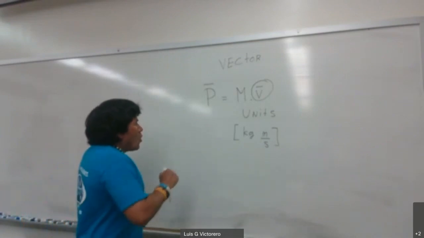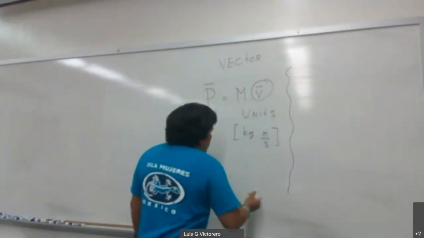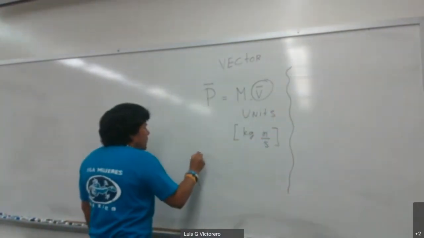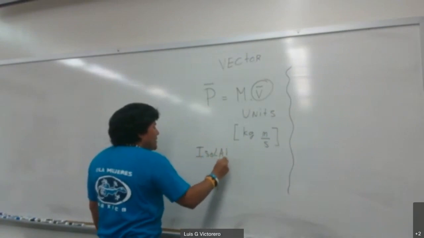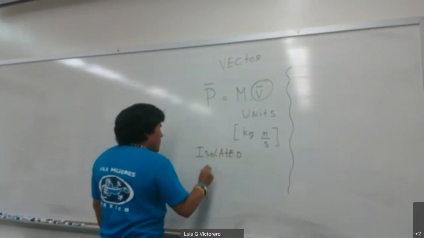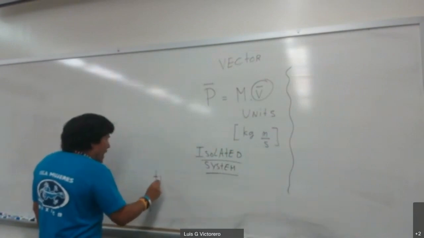So what happens, for example, for an isolated system of two masses?